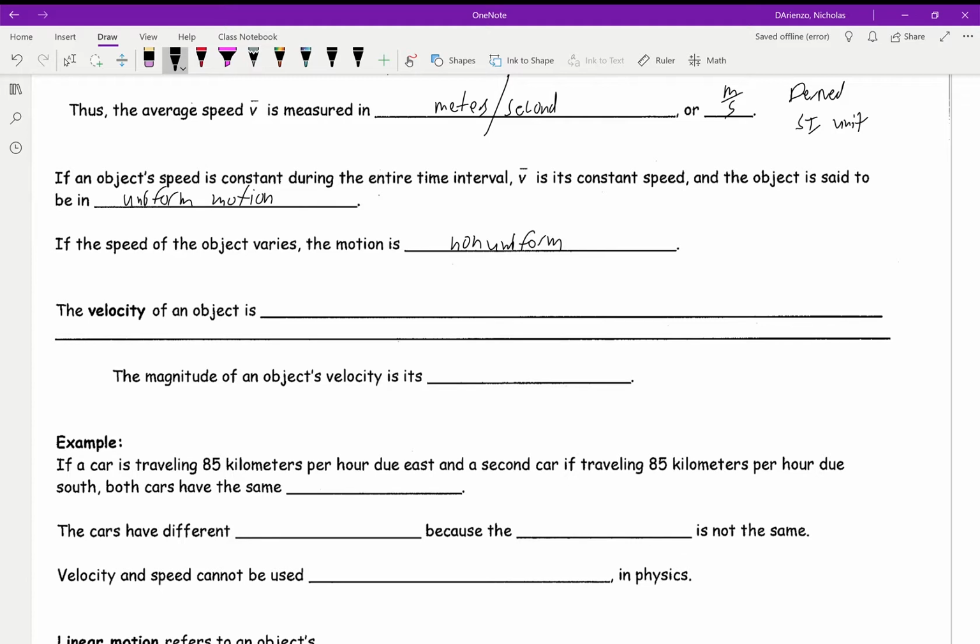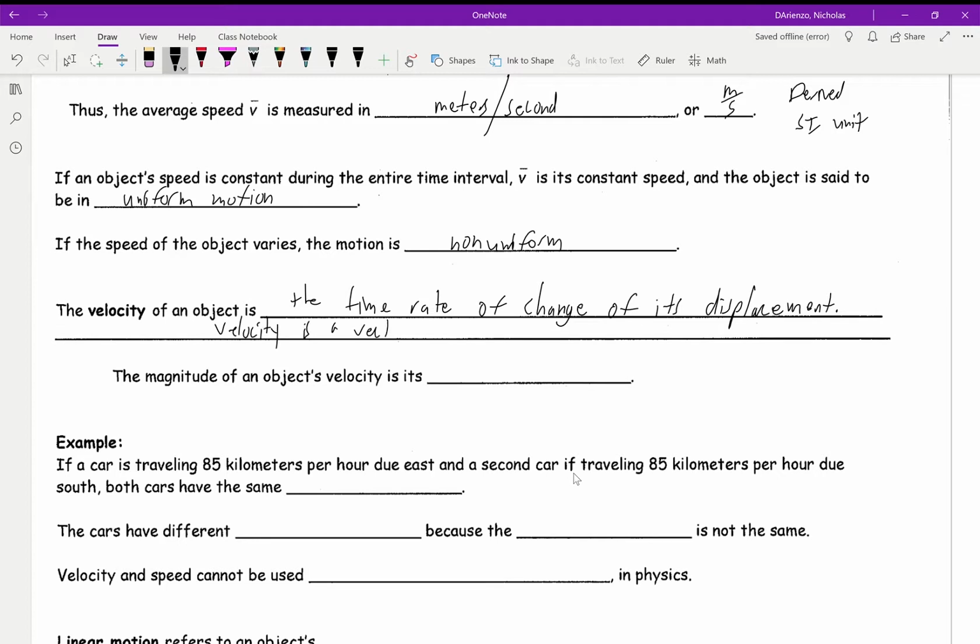Now the velocity of the object is the time rate of change of the object's displacement. Velocity is a vector quantity.